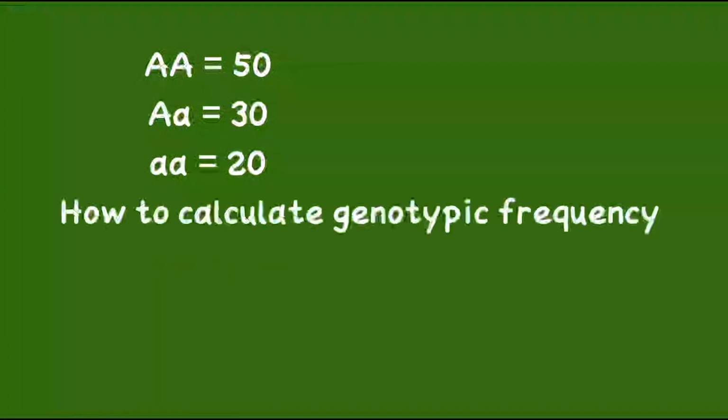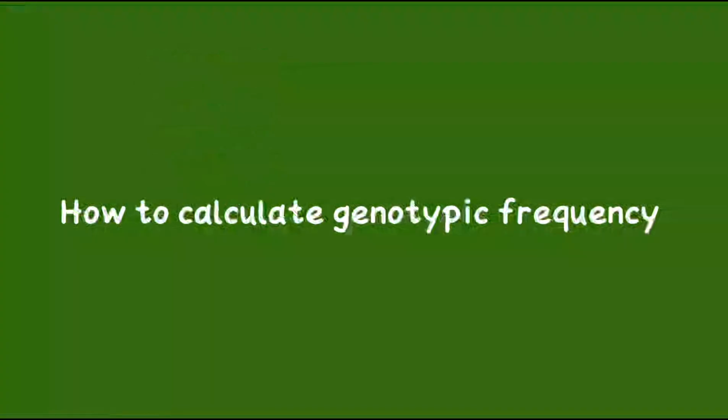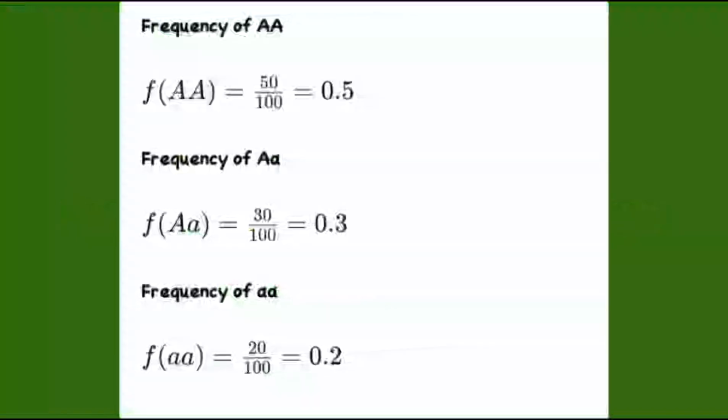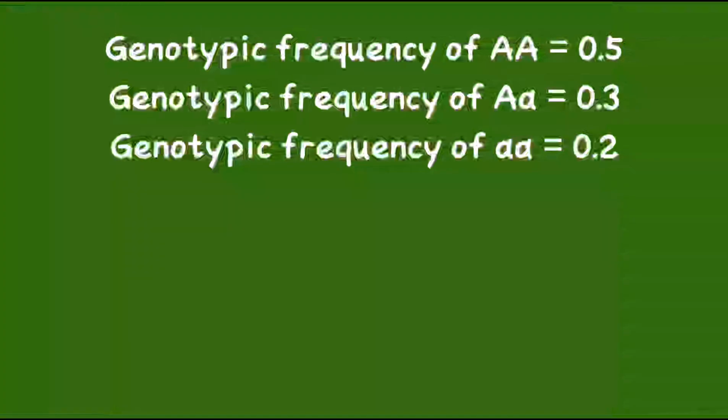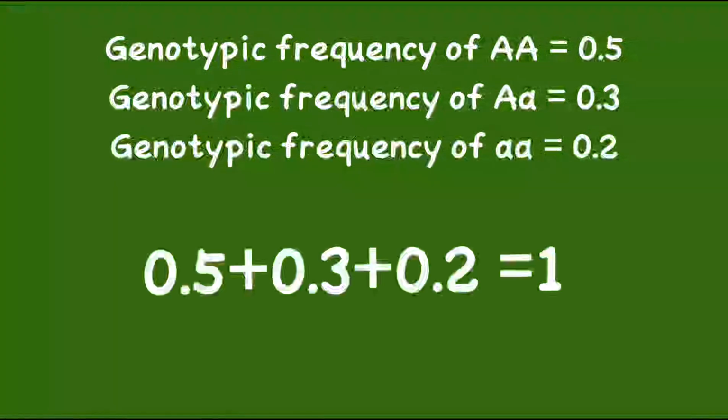For calculating the genotypic frequency, we will have the formula, that is number of individuals like capital A capital A upon the total population, that is 100, which comes out to be 0.5. Similarly for the heterozygote as well as the recessive one, this 30 upon 100, that is 0.3, and 20 upon 100, 0.2. So these are the three values that we get for dominant, heterozygote and the recessive. 0.5 plus 0.3 plus 0.2 comes out to be 1.